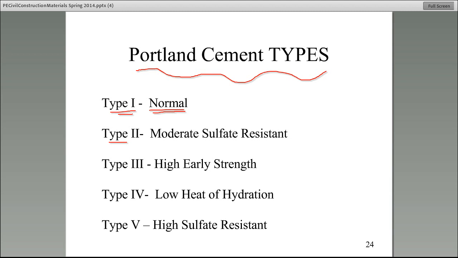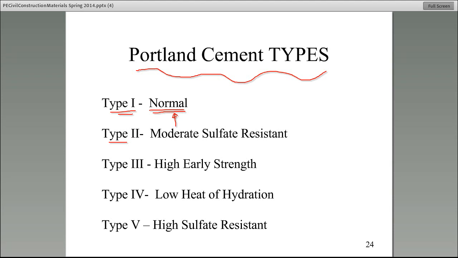So a cement that's produced and sold as type 2 gives us some moderate resistance against sulfates compared to normal. All right? So type 2 compared to normal has some moderate resistance against sulfate.